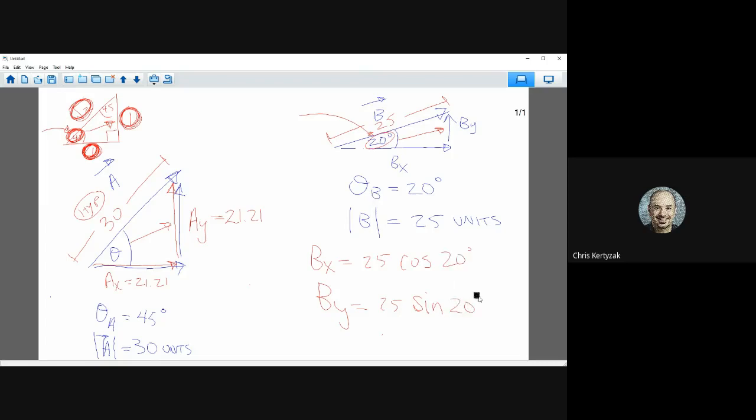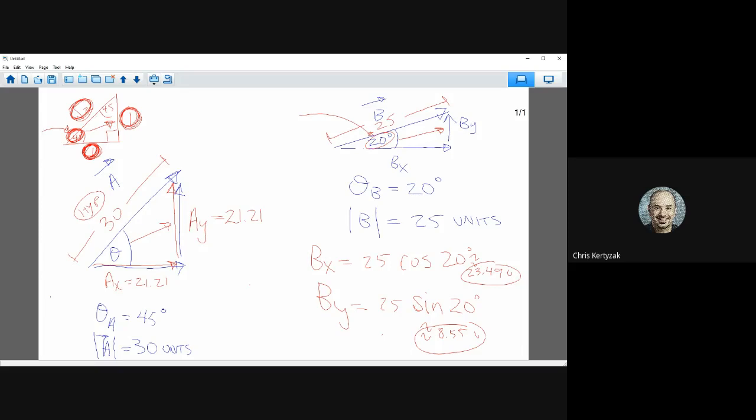That doesn't bring us back to any special triangle you might learn in a geometry class, so I'm going to have to type that in. 25 cos 20, rounded to 2 decimals, is approximately 23.49 units. For the y component, 25 sine 20 is approximately 8.55 units long. So now I know how long all 4 components are, and I'm ready to do some addition.